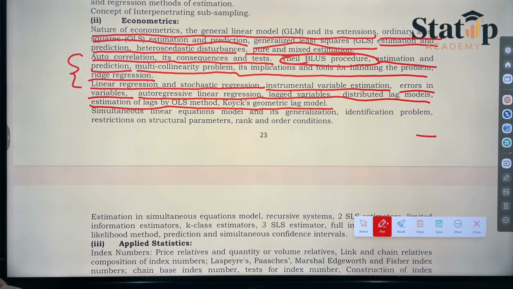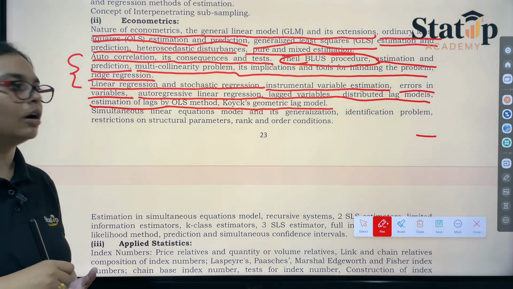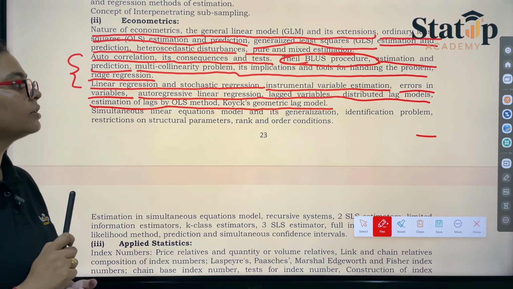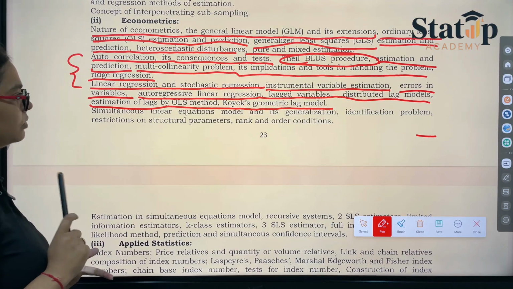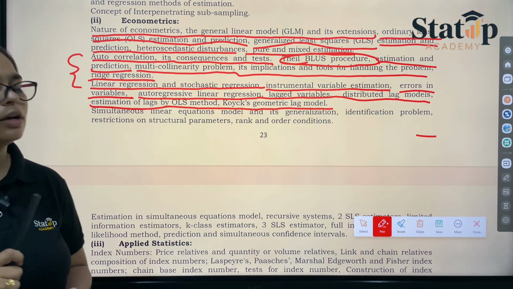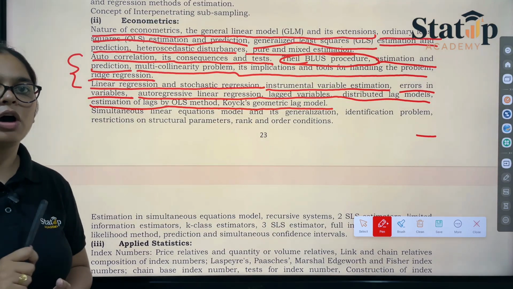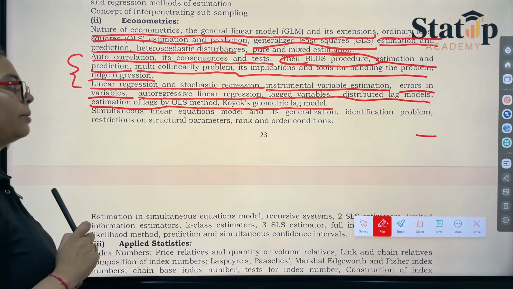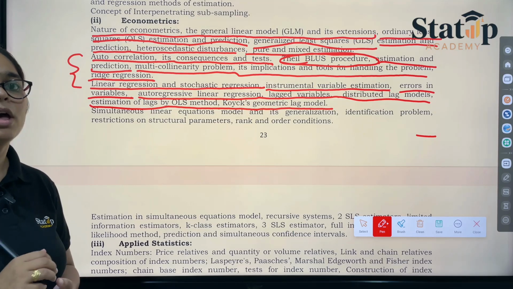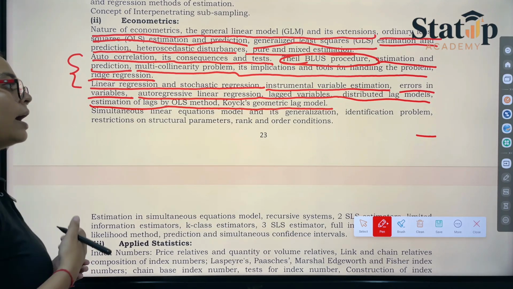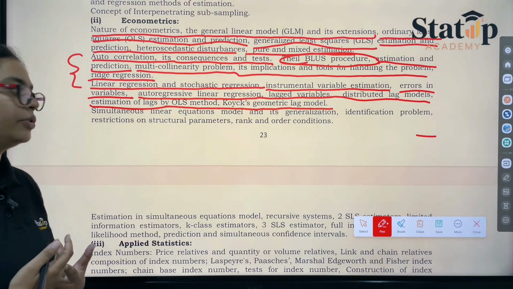All of this we covered in one lecture of our econometrics series, along with one PYQ. I have also told you how to write them in the exam. They are asked in the exam not in numerical form but in theoretical form, and I have told you with examples how to write them.